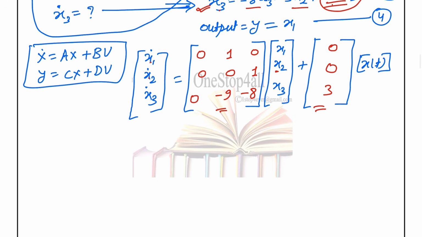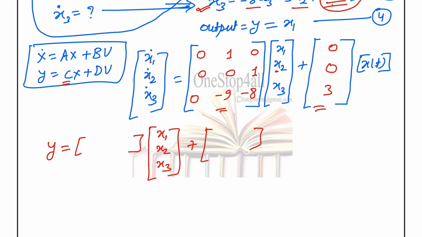Similarly, the output equation will be y equal to C x plus D u. So, C will be here and x will be x1, x2 and x3, plus there will be a D matrix and there will be the u matrix of x of t.